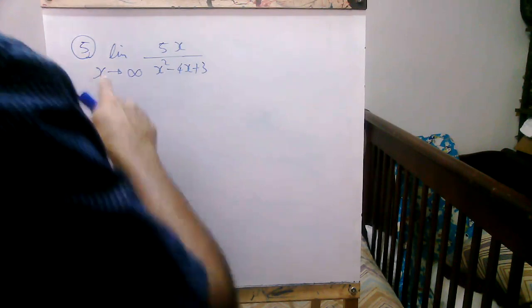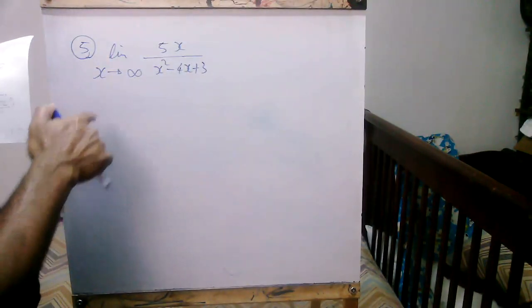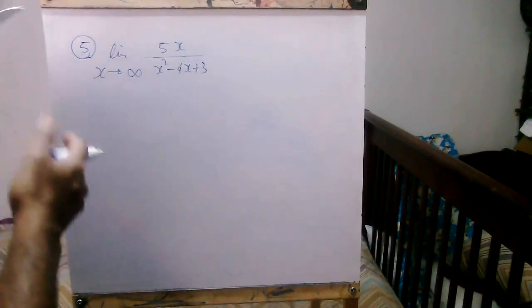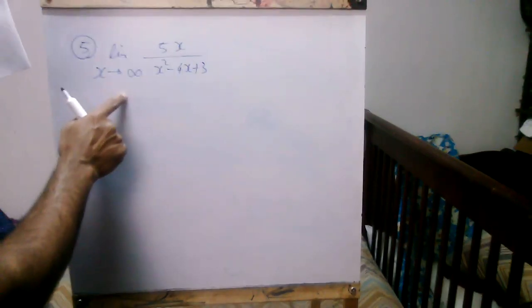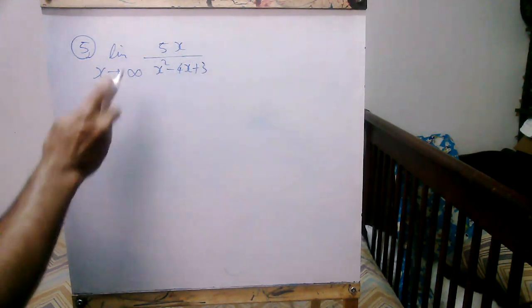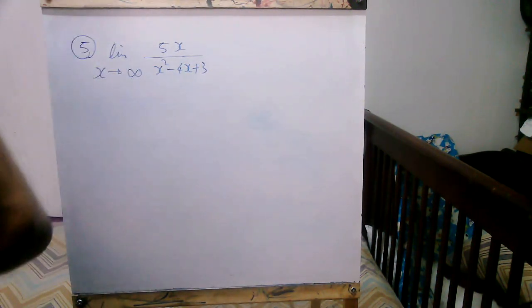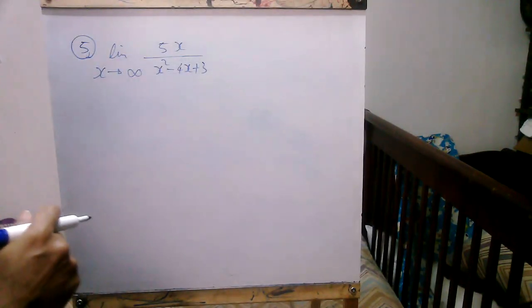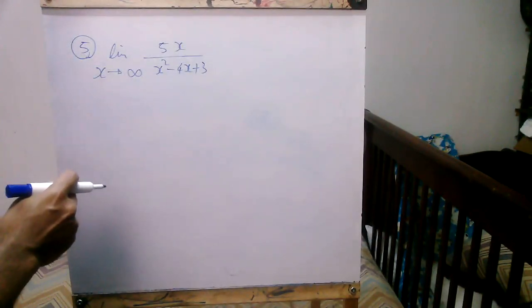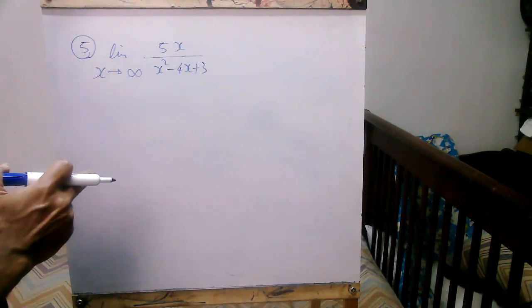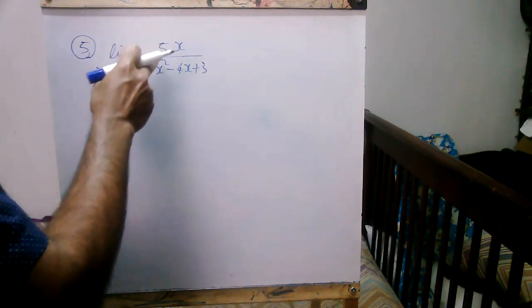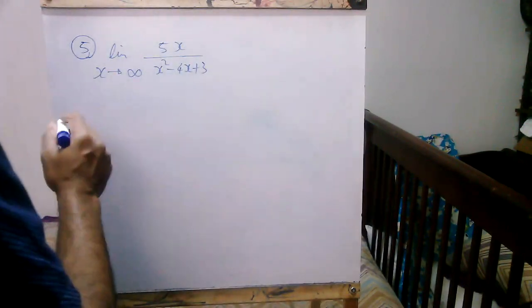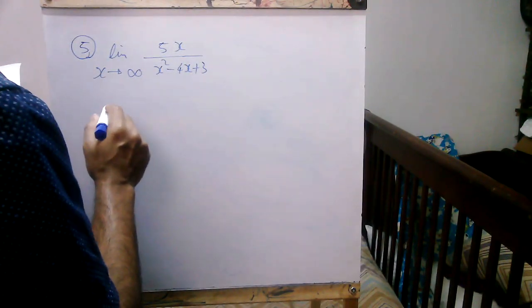Okay, when x approaches infinity. Now you may remember we do this when we want to find horizontal asymptotes. There we discussed that we have to consider the dominant terms.